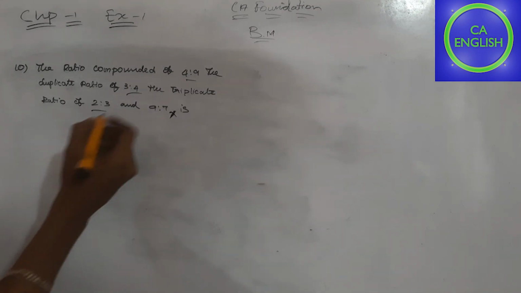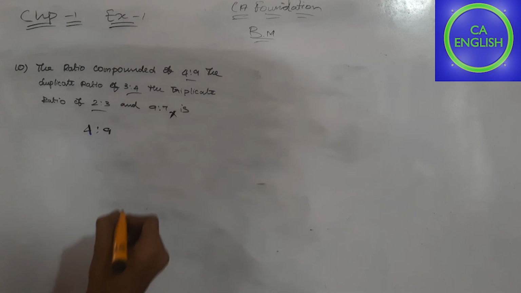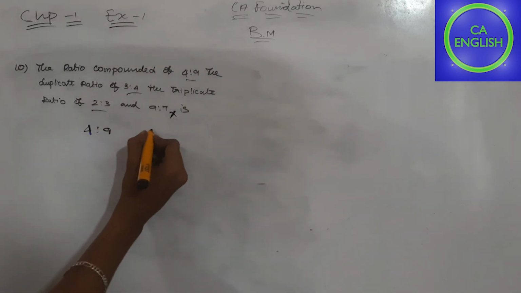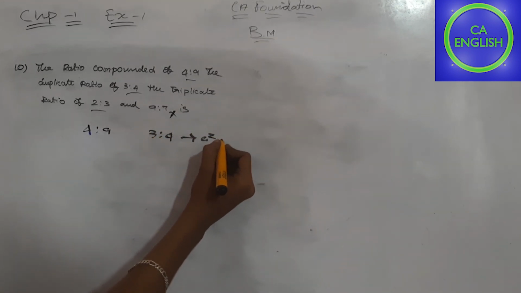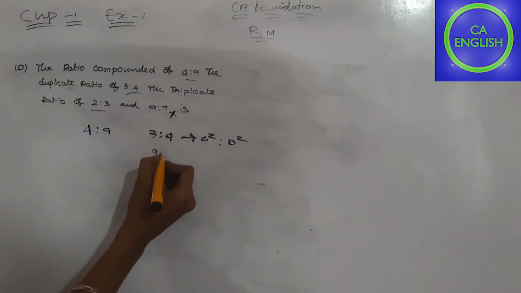Okay, take the given ratio 4 is to 9. Now we want to find the duplicate ratio for 3 is to 4, which is A square is to B square. Then its answer is 9 is to 16.